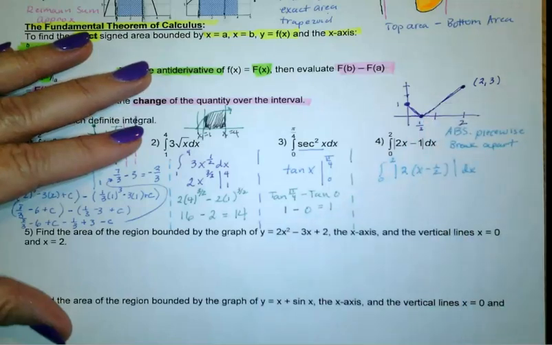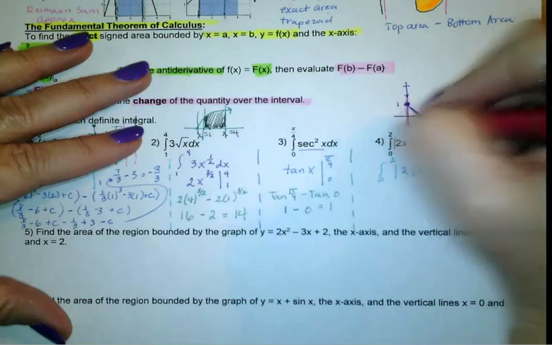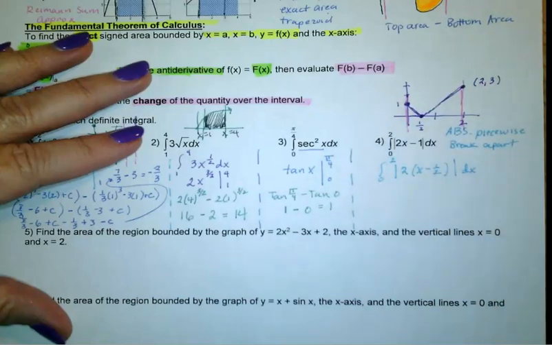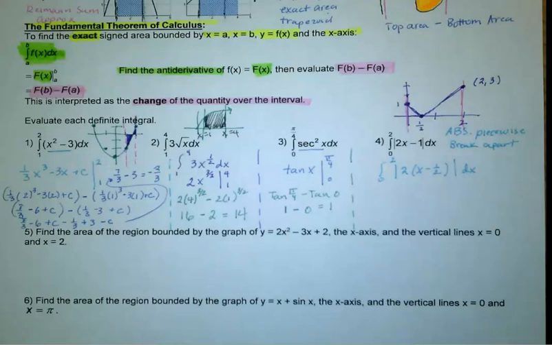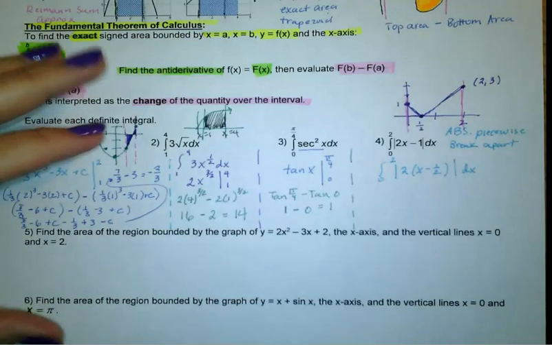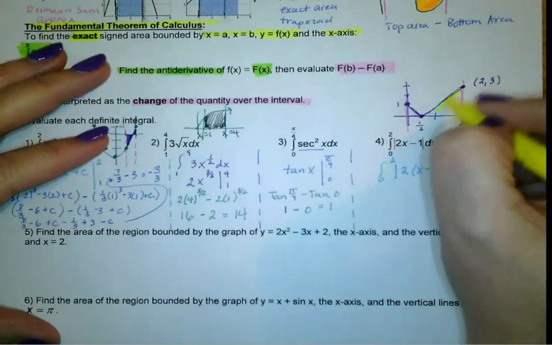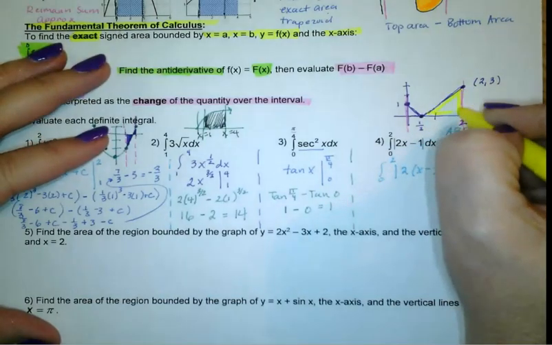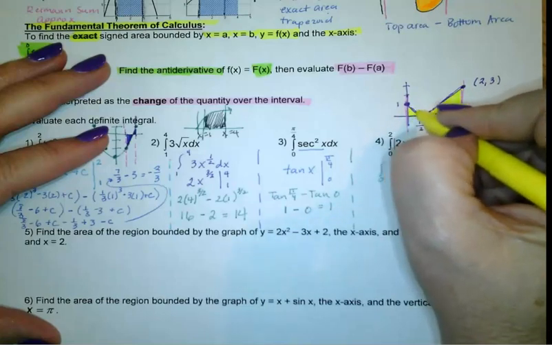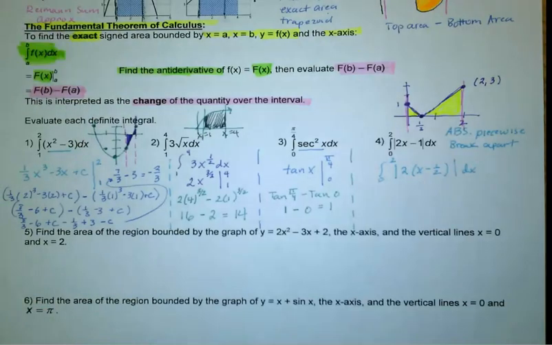And so remember my upper bound and my lower bound, at 0 and at 2, I'm looking at the area under the curve. If we're going here, and here. So that's how it's going to be broken up.